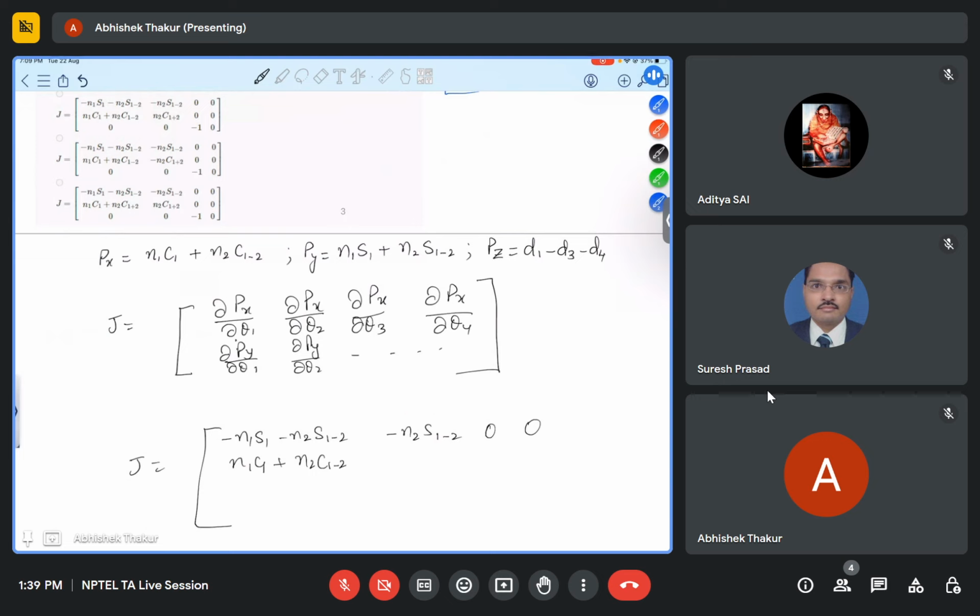When we differentiate with respect to theta 2, we will get n2 cos of 1 minus 2, but here theta 2 is in minus, so it will become minus of n2 cos of 1 minus 2.